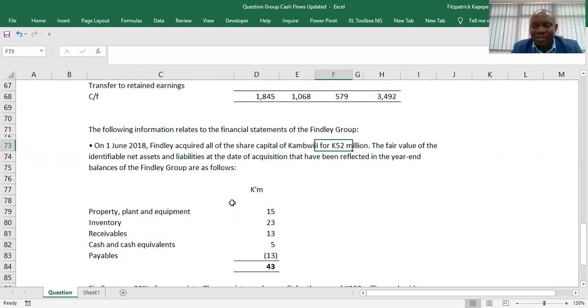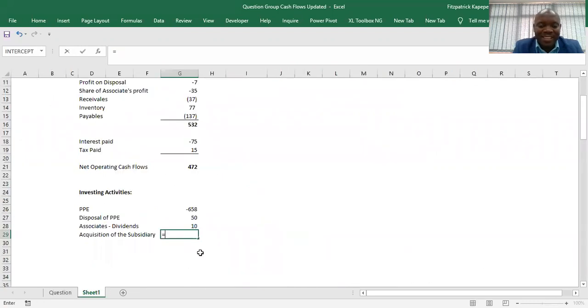That was the cash that was spent, Yvonne. But when they were checking the drawers, or the bank account, as they were acquiring the company, there was 5 million. So we have to reduce that 5 million from the 52 million. So here it will be 52 minus 5, which was the cash. Since this is acquisition, we expect it to be in negatives.